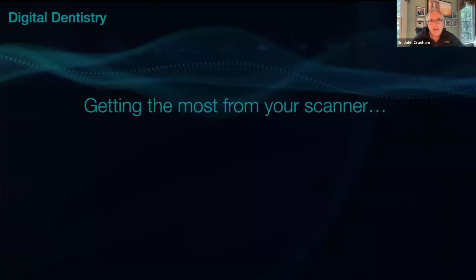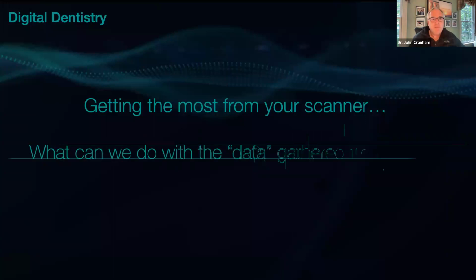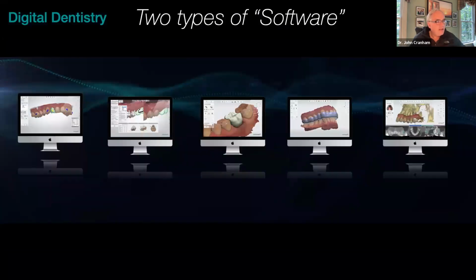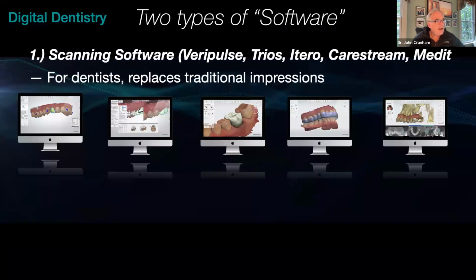and think about what we can do with the data that is gathered from a scan. So the first thing I just want to point out is that there's kind of two types of software out there.